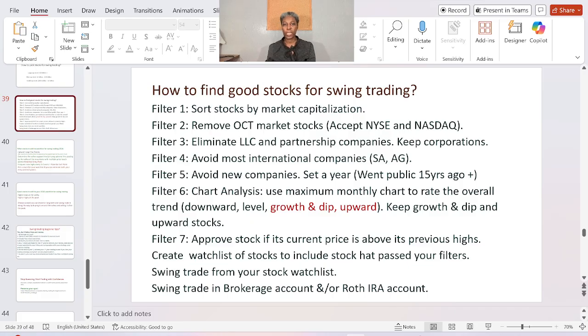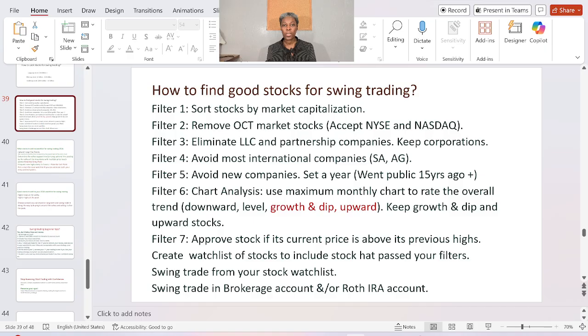What I like to do is first pick a stock capitalization, and I like to go with large cap as a beginner swing trader. But you can pick small cap or middle cap, but it's good to start with large cap.